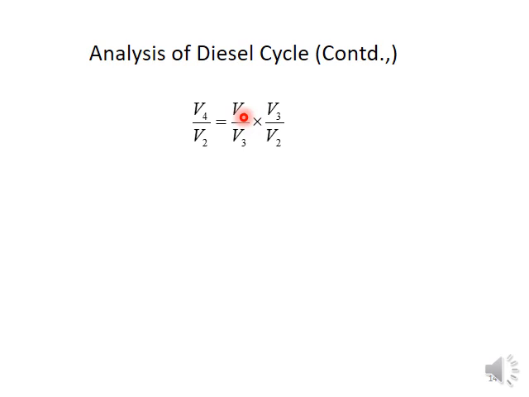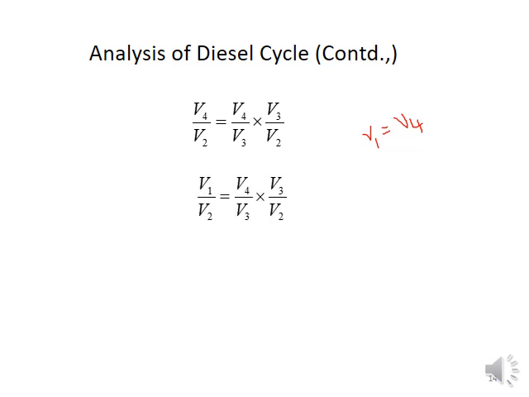Here V1 is equal to V4, because at constant volume heat is rejected. So V1 by V2 is equal to V4 by V3 into V3 by V2.